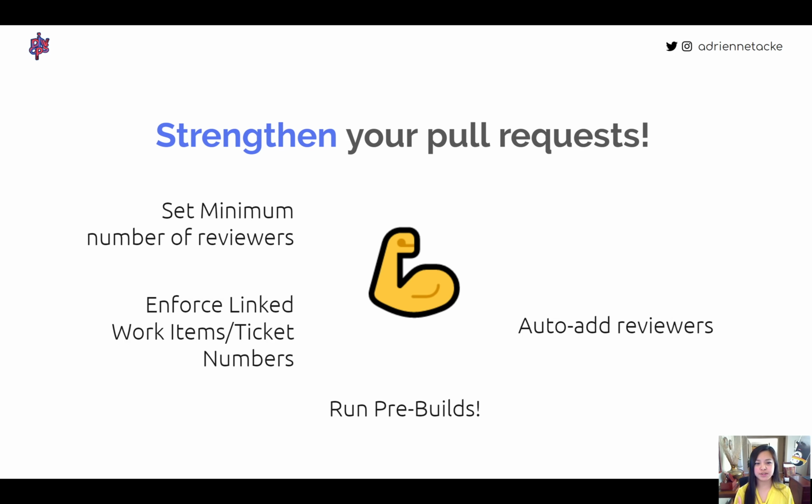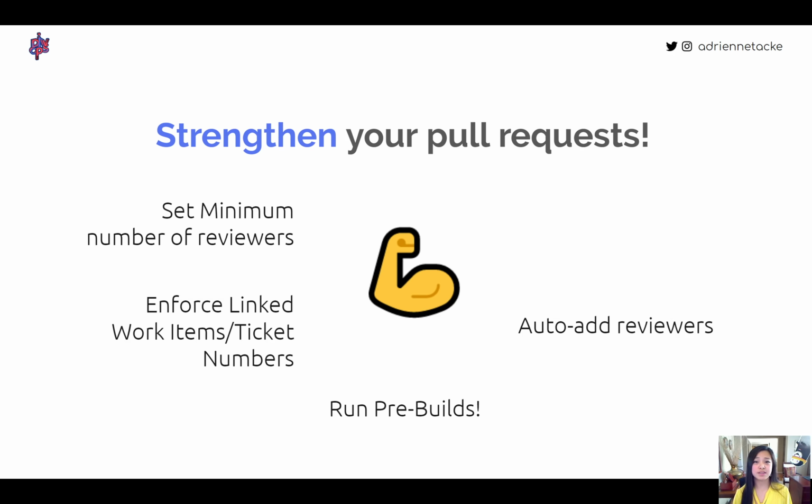Auto add reviewers, kind of the buddy to setting the number of minimum reviewers. If you have particular pieces of your platform that have specific people who may be better suited to look at that code, make sure to have those people automatically added. We do pull requests all the time, and so that could get really, really tedious to always add them in your pull requests.